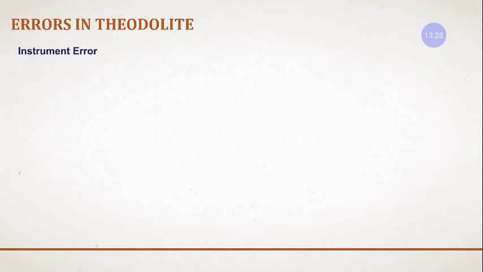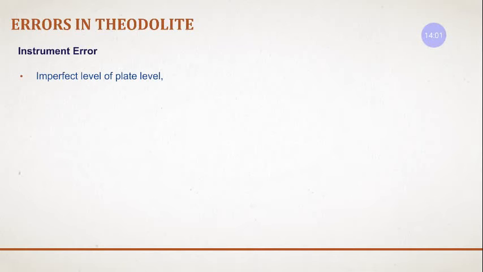First one is instrumental error, which means the error which happens due to a fault in the instrument. If there is any fault in the instrument, then there are chances that the readings shown by the instrument are not correct. So what are these instrumental errors? If a part is damaged or faulty, then what are the errors that you will see?